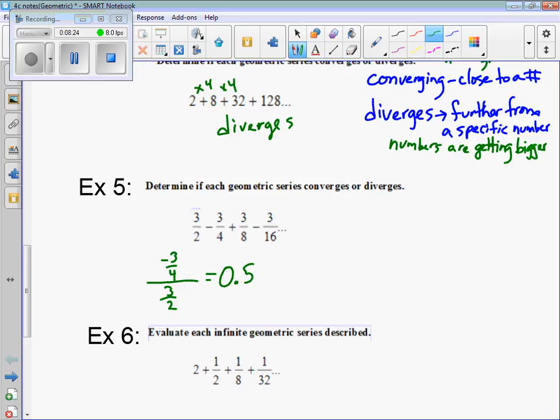If you multiply by a decimal less than 1, it is going to get smaller and smaller and smaller. 3 over 2 is bigger than 3/4. So the numbers are getting smaller. If that's the case, it converges. So this example 5 would converge on a number.